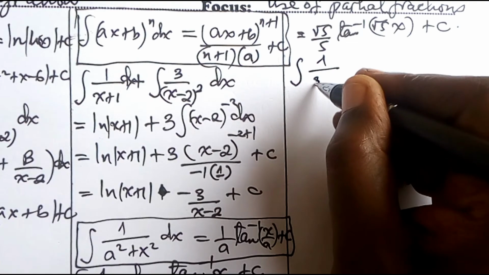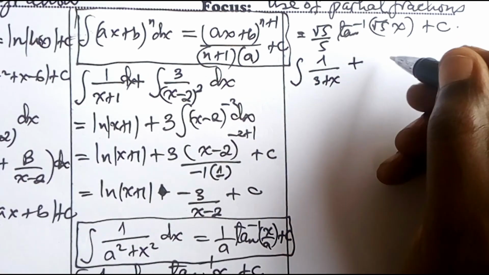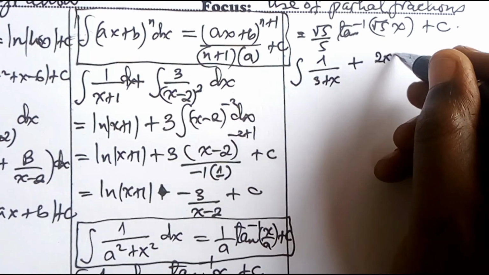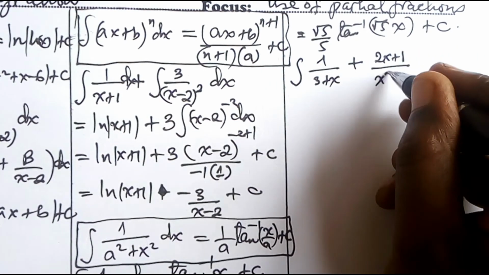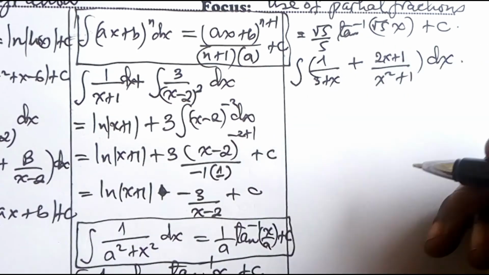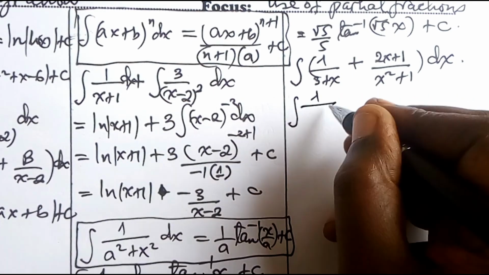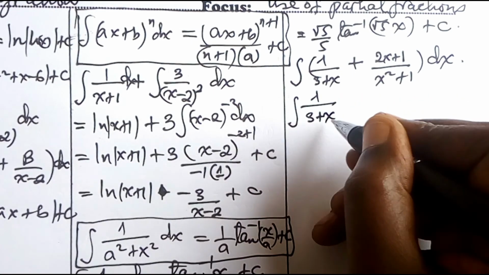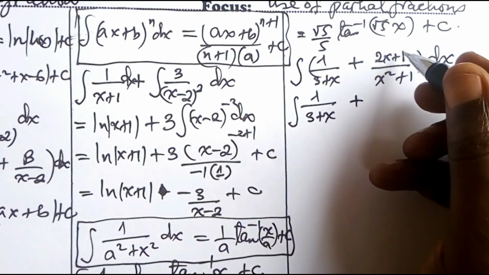If after doing my partial fraction, I come up with this integral to do, 1 all over 3 plus x plus 2x plus 1 all over x squared plus 1, like it would normally happen most of the time, I will recopy and distribute the denominator.